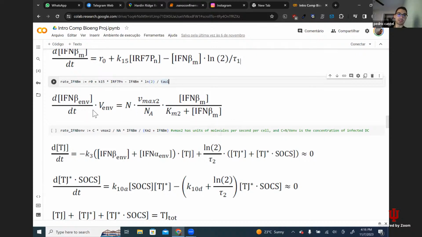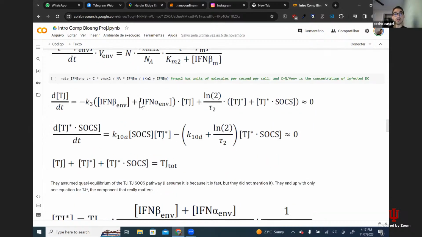They are modeling the infection in dendritic cells in an environment. I don't know exactly what environment it is, but there is a volume. This environment has a volume, and they know the number of cells. So this interferon in the environment has to be normalized by the number of cells in the environment and the volume of the environment.